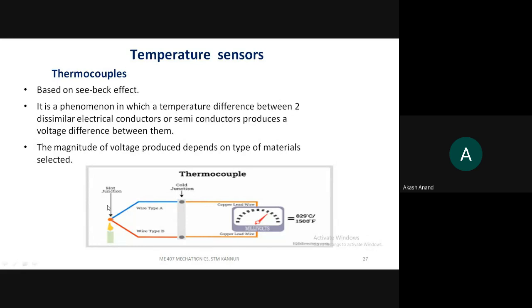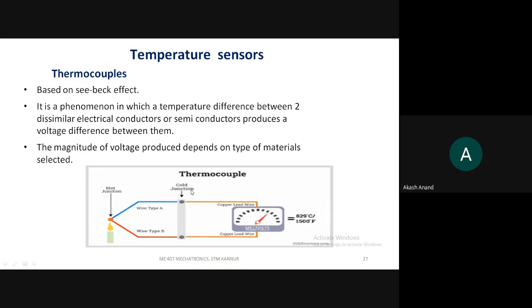Due to the Seebeck effect, if there is a temperature difference at the junction of two conductors, it will produce a voltage difference, and that voltage difference is measured using a voltmeter.